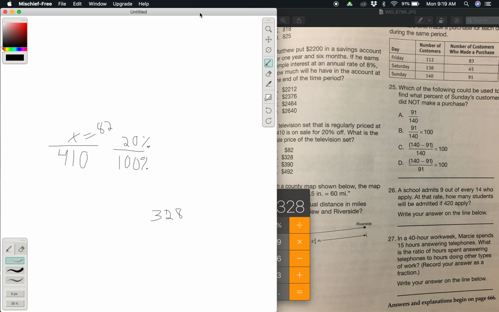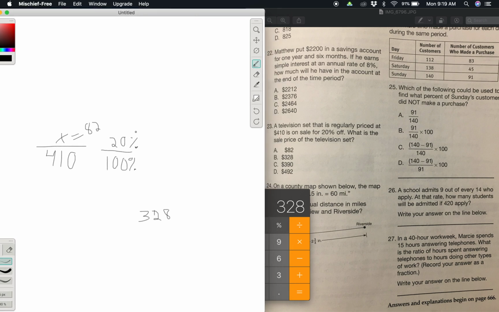Since you know that 20% off of 100 would leave you with 80%, another way to do this would just be to write 80% here. And then the calculation that you get here would be 328.